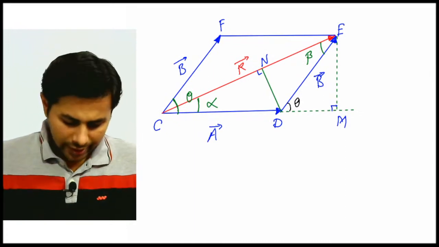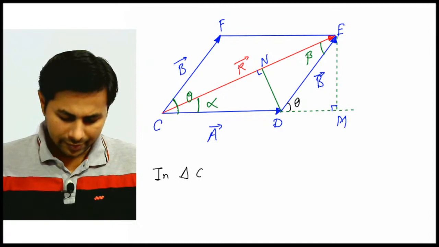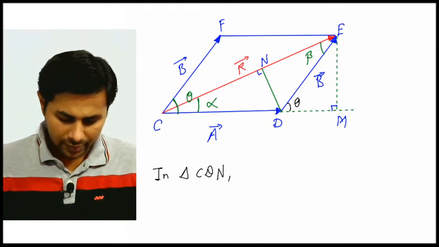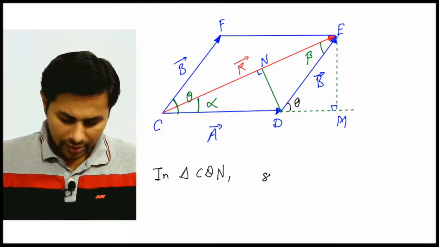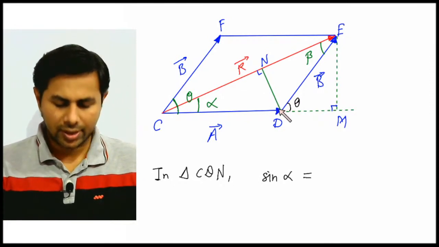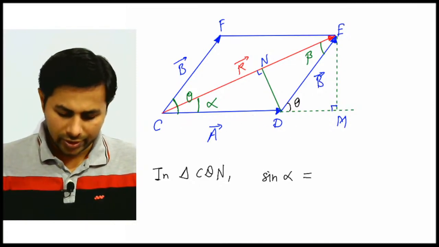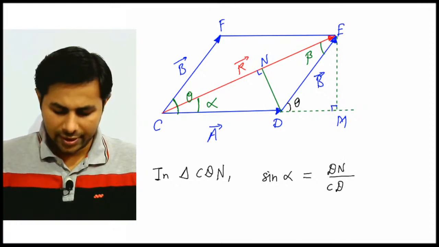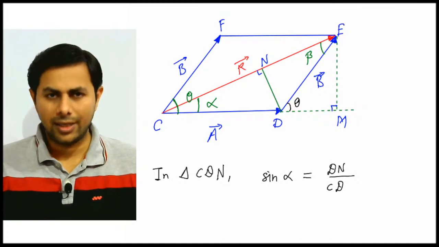So in triangle CDN, sine of alpha is equal to the length of this opposite side divided by the length of this hypotenuse. So it is DN divided by CD, and the length of side CD is the magnitude of vector A bar.